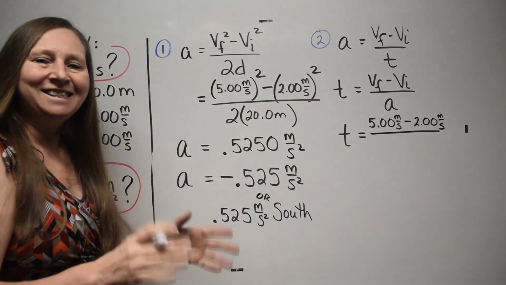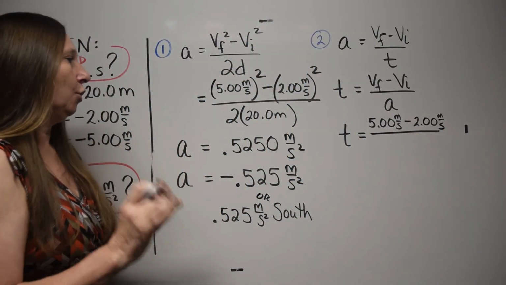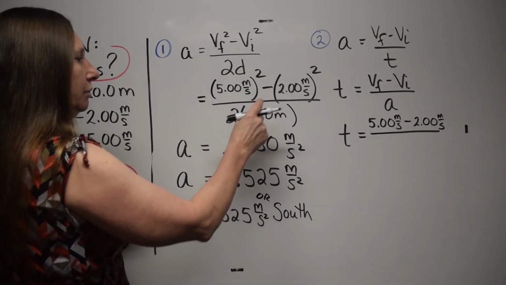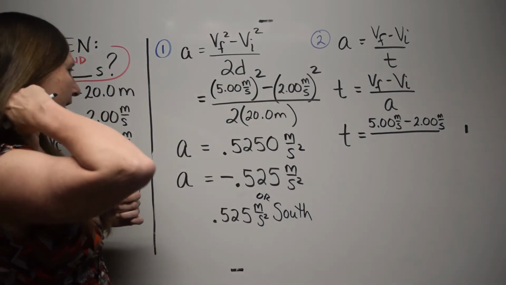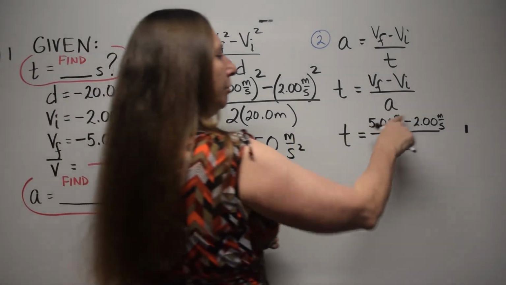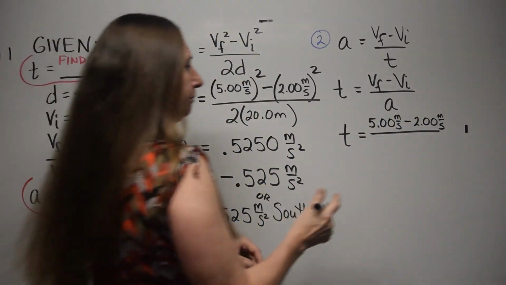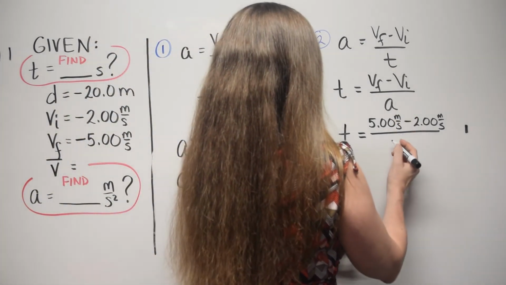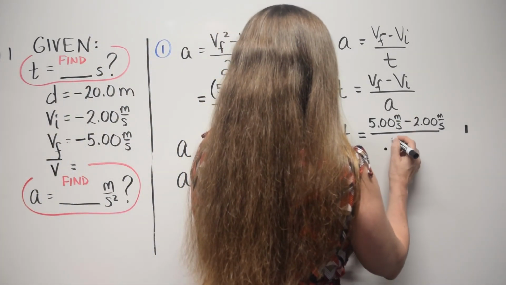Don't put unnecessary parentheses if you don't need them. You need them here to square, you need it here because it's 2 times that, but you do not need parentheses here, so don't put them. Don't put any unnecessary marks that are not serving a purpose.